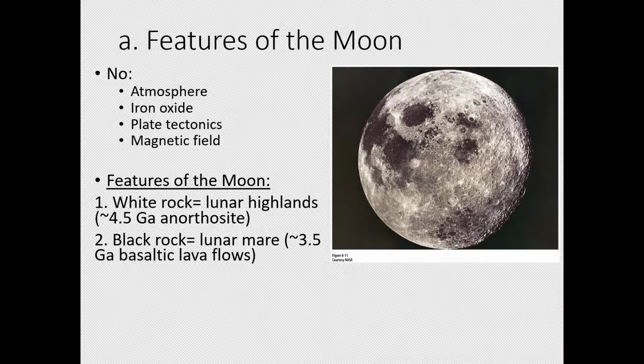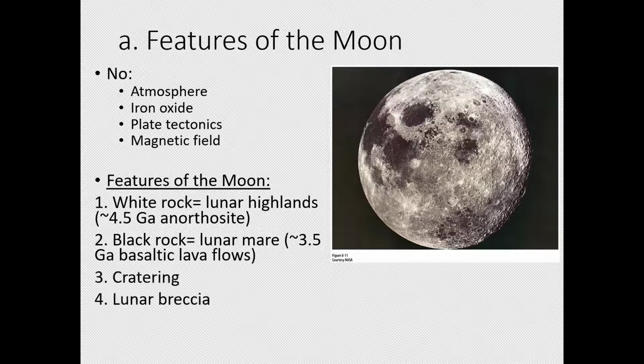So you can see in some of these larger craters these very large lava flows. They're called lunar mare because early astronomers thought that they were seas, and mare is a word that means sea. And it wasn't. They were flood basalts that came up and filled in a lot of the early craters of the moon.